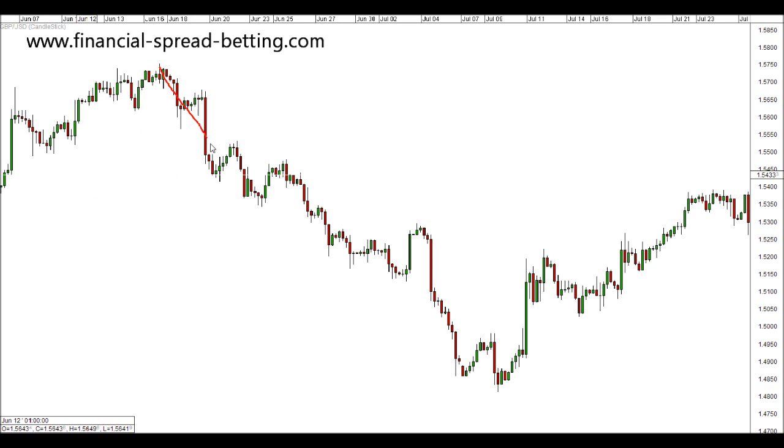We have wave 1, wave 2, wave 3, wave 4, and wave 5. Our 3 motive waves and our 2 corrective waves. So let's have a look at why Elliott wave theory works and how Elliott came up with this theory.